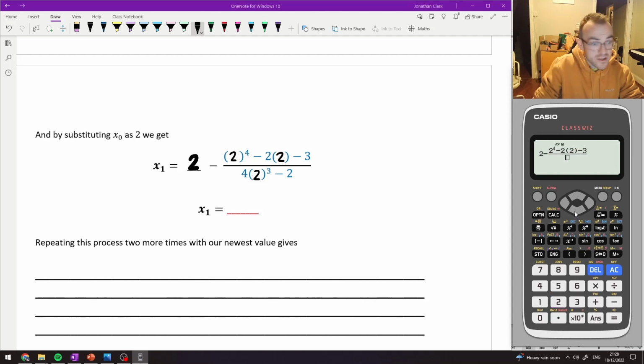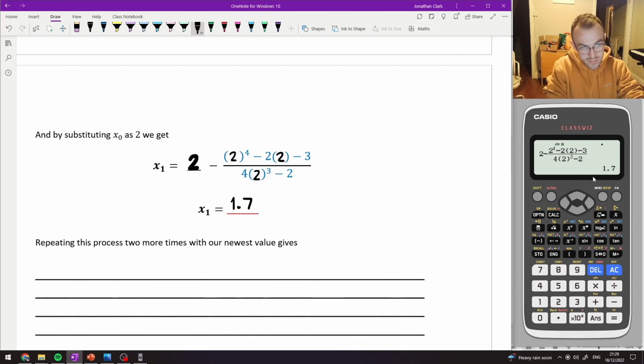And on the bottom, it's going to be the differentiated function, again with 2 plugged in. Right, fantastic. Let's work this out. And it comes out as 1.7. Cool. So that is my first evaluation.